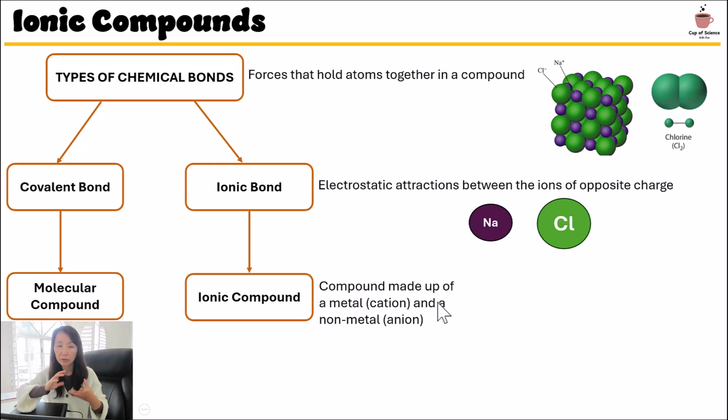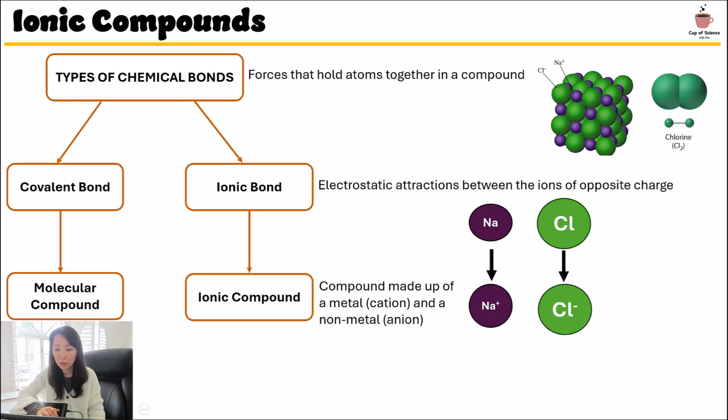Say some kind of reaction occurred so that the sodium becomes positively charged and chlorine becomes negatively charged. There was a loss and a gain of an electron. Now, this positive and negative are not just going to hang out separately, because when in close proximity, they are going to come together to form what is called an ionic compound. The interaction between the two is called the ionic bond.